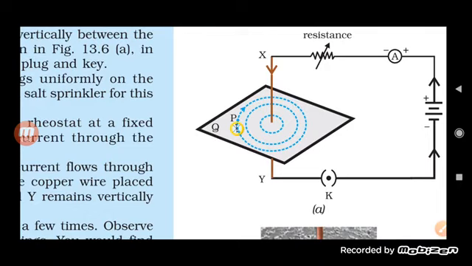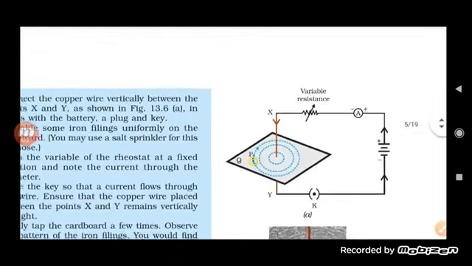As we provide electricity, it forms concentric circles around it, and this helps us say that when a current flows through a straight wire, the magnetic field is in the form of circles around it. So these concentric circles represent the magnetic field around the wire, students.